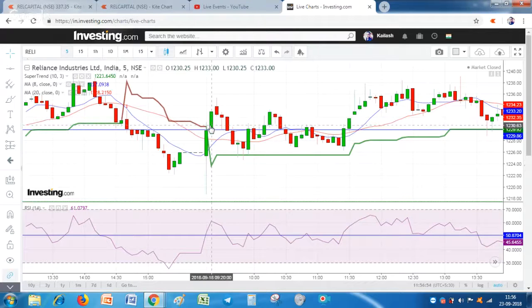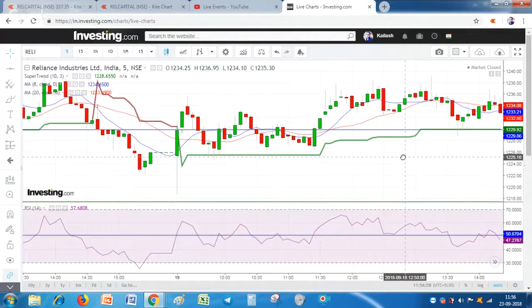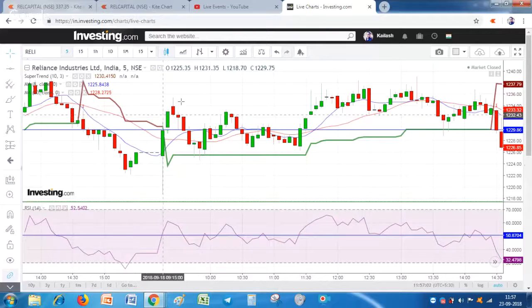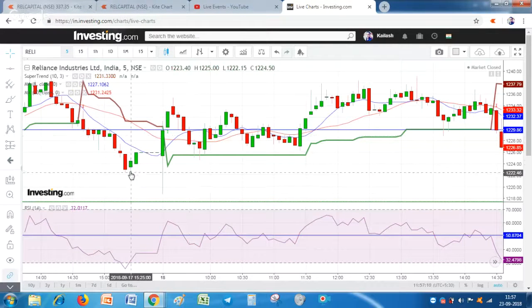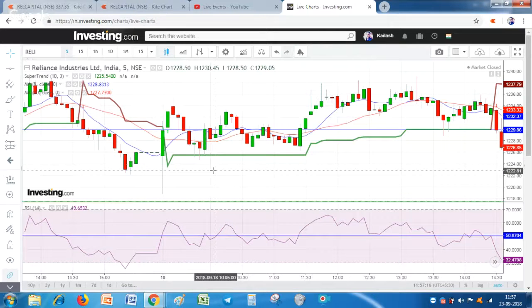Friends, we should have discipline. There are people who, once they see a stock rising, take an entry, and once the stock starts a downward move, they shift the stop loss level. Suppose this is a stop loss and the stock started a down move. Sometimes the stock comes to the stop loss level and we don't book the loss. We keep trailing the stop loss downward, on the wrong side, away from the level where we should take an exit.